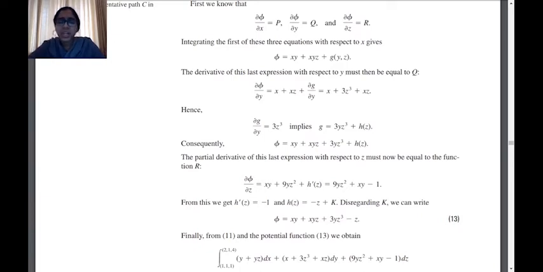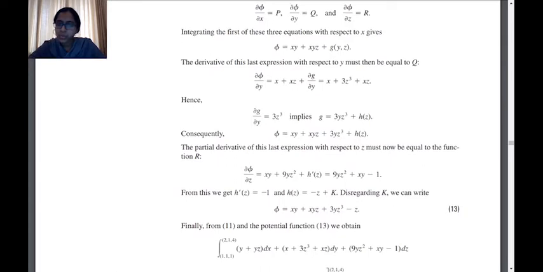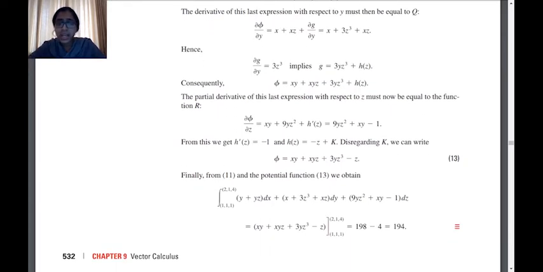Now we are asked to find the integral from (1, 1, 1) to (2, 1, 4) of F dot dr. So that is nothing but phi of (2, 1, 4) minus phi of (1, 1, 1). So once we know phi, we can apply this concept to find the value of the line integral. You can just evaluate it. We just have to substitute the values in xy plus xyz plus 3yz cube minus z.